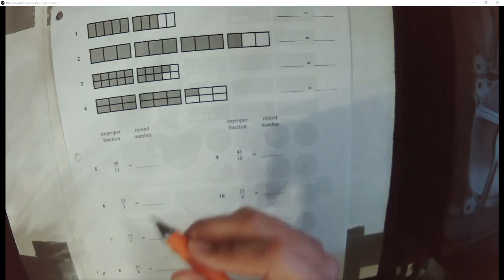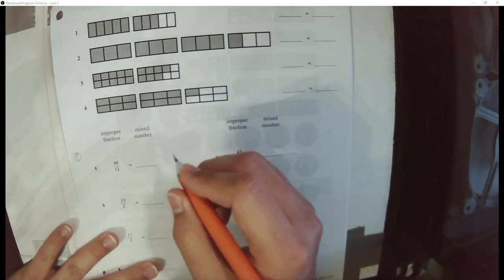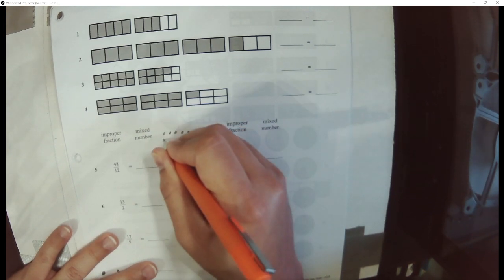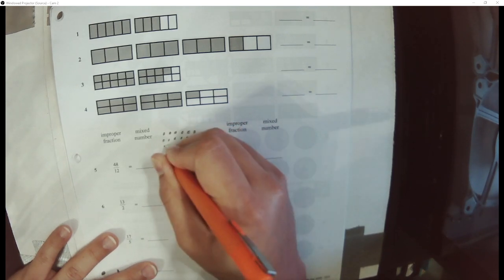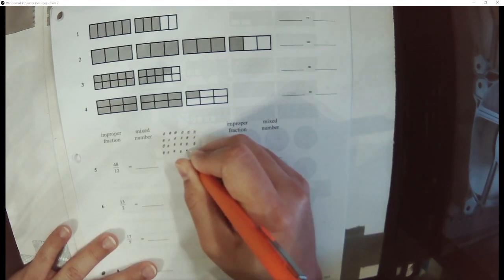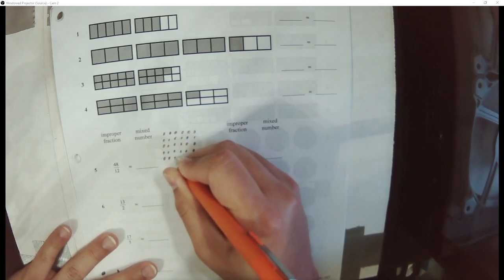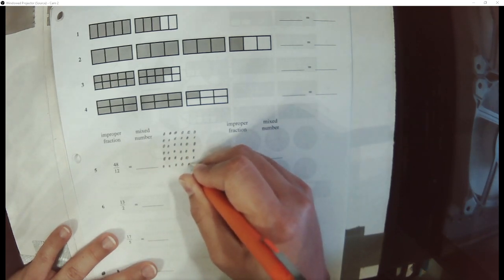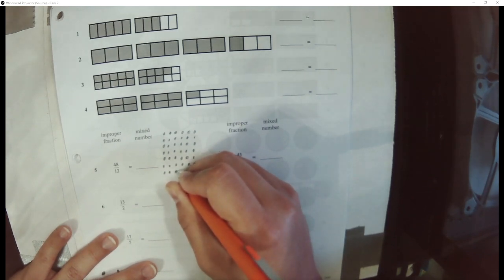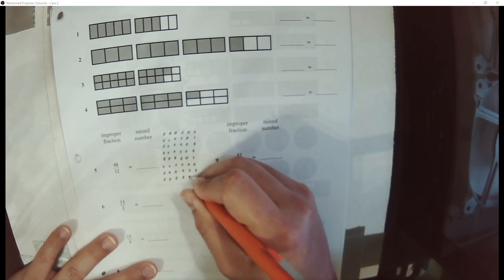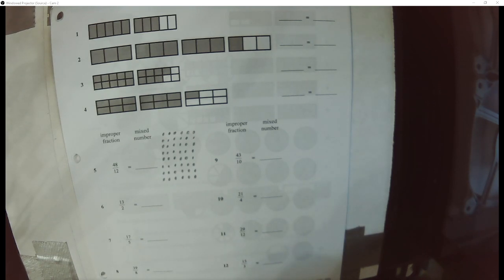It will take time and it will take space, but let's go ahead and try it out. 1, 2, 3, up to 20, 21 up to 40, 41, 42, 43, 44, 45, 46, 47, 48. So there's my 48 dots.